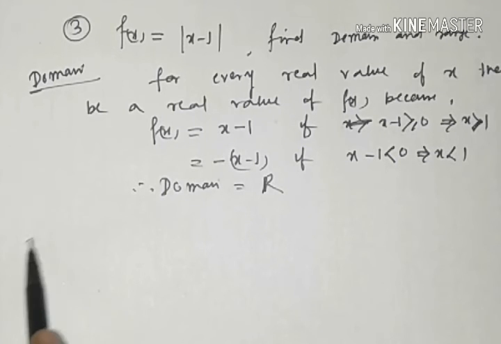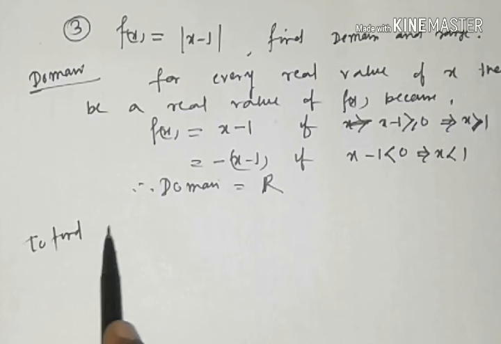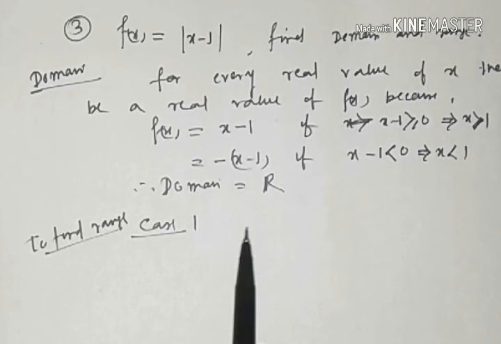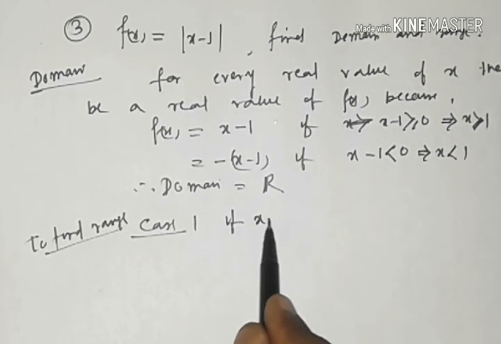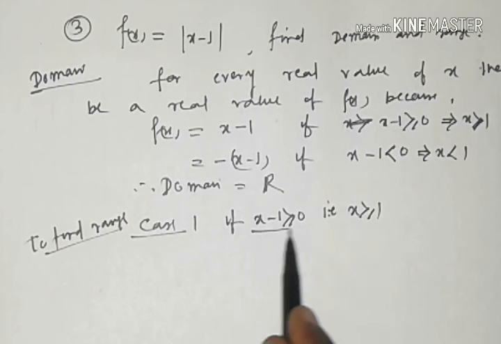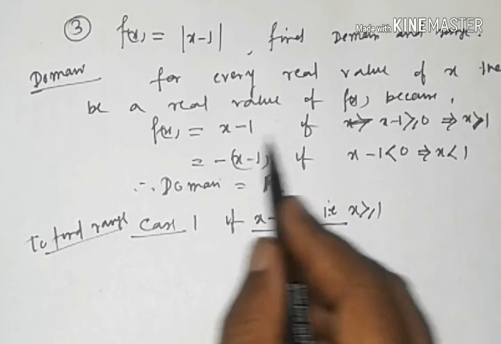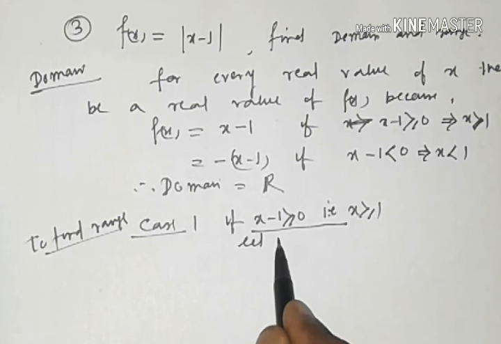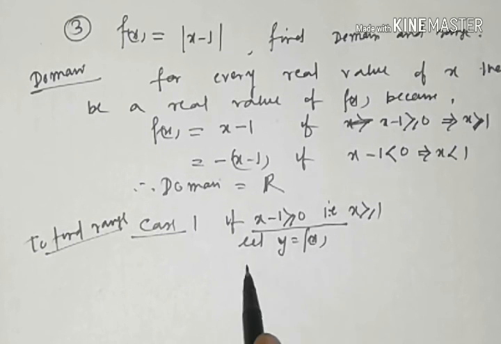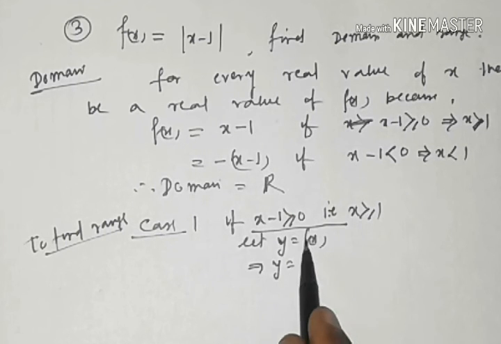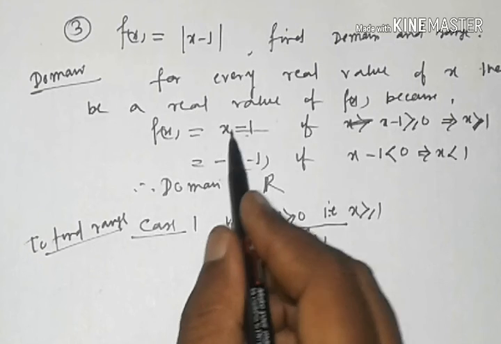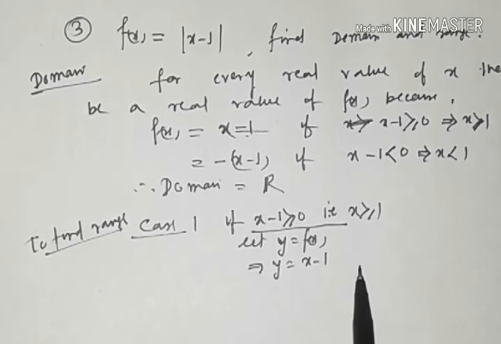Now we shall find the range. To find the range, there are two cases. Case 1: if x - 1 is greater than or equal to 0, that is x is greater than or equal to 1. This is the condition. Let y = f(x). So the value of f(x) is x - 1.